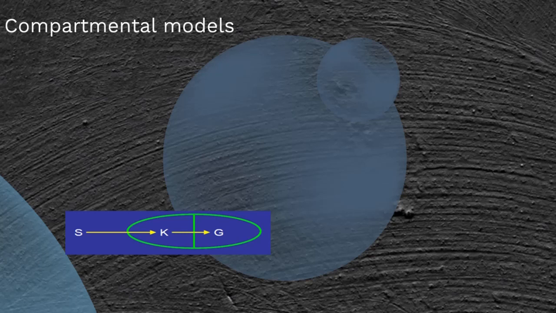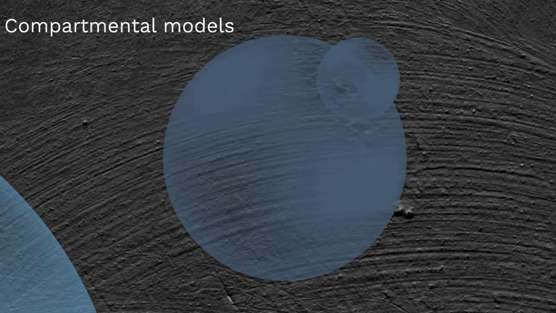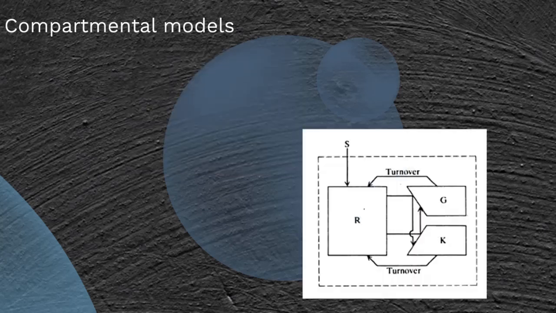Broadly, we have studied the 2 and 3 compartmental models. In the 2 compartmental model, the energy flow between the G and K compartments was studied briefly, whereas in the 3 compartmental model, the mass flow from substrate to G and K and the interrelationships between the components was described.